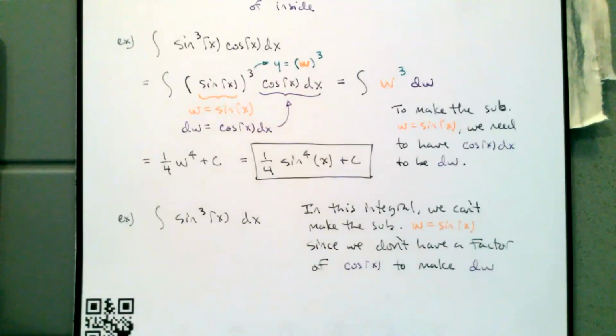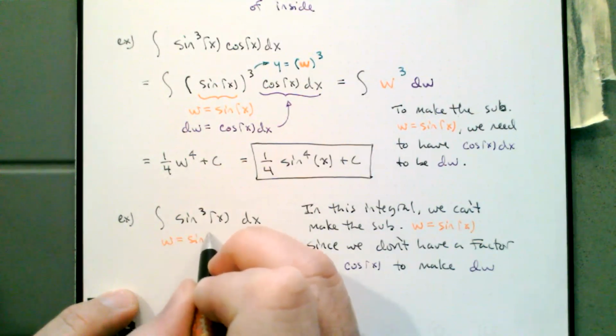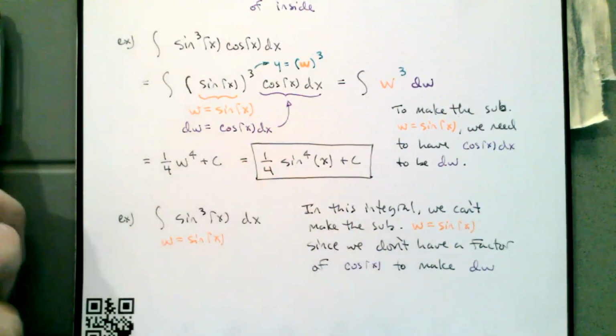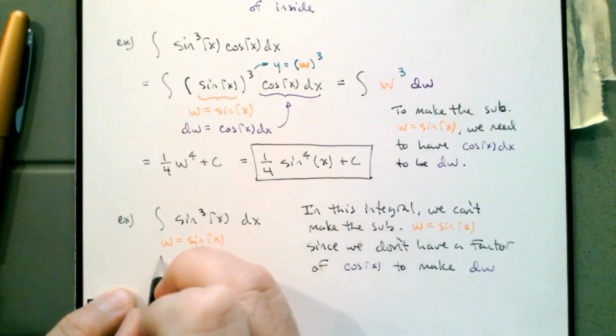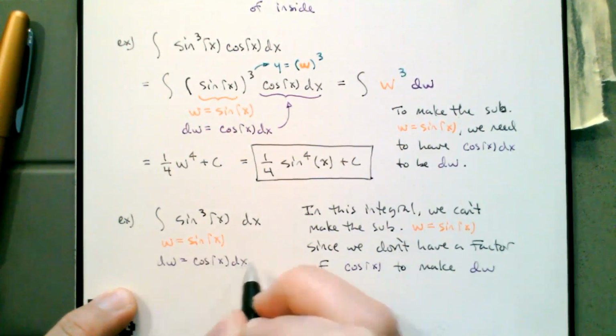We can't make the substitution w equals sine x because that requires a factor of cosine x to be the dw. So if w is equal to sine x, we will need a dw equal to cosine x dx.